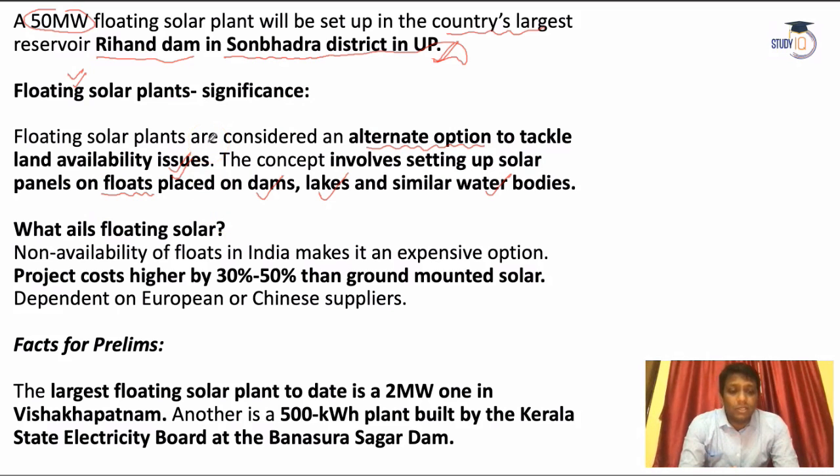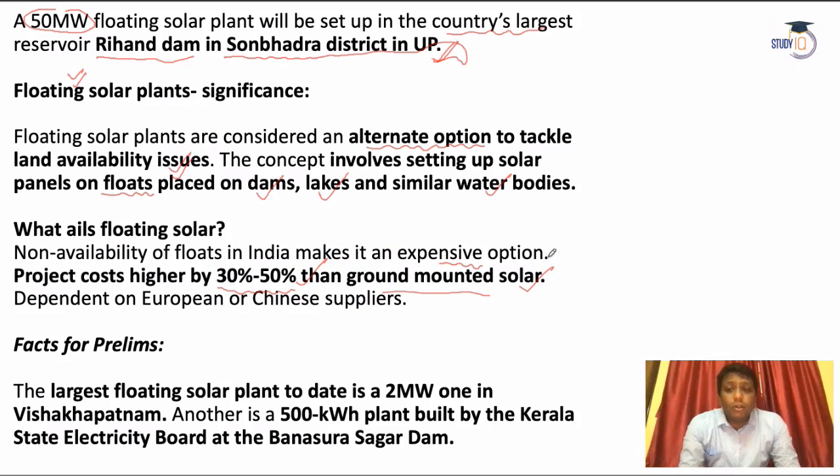On one side it will generate electricity, and on the second side it will also conserve the water that is lost from dams and lakes. Now, solar power plants, even these are expensive. But if you compare the normal solar plant and the floating solar plant, the cost is around 30 to 50% more than ground mounted solar.